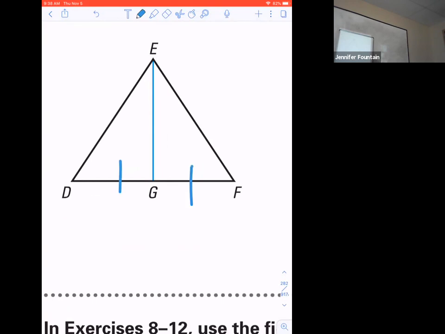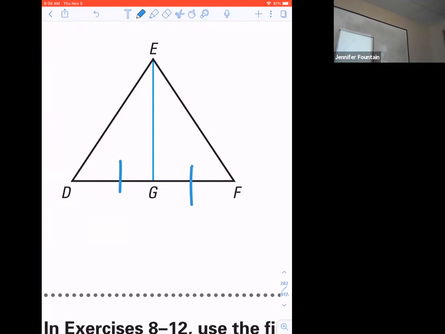Which one of our four that we've talked about tells me that my sides are congruent? Which one of them intersects at the midpoint? If you don't know, look back. We're asking, is it a median, an altitude, an angle bisector, or a perpendicular bisector? Look at the definition.